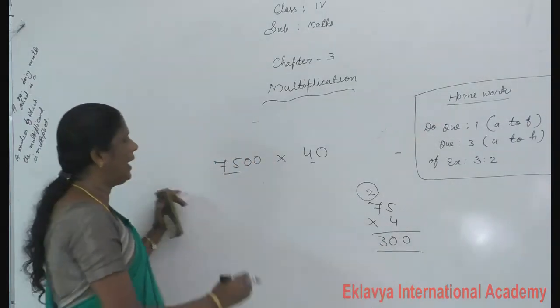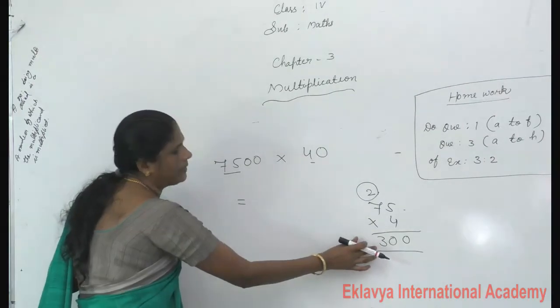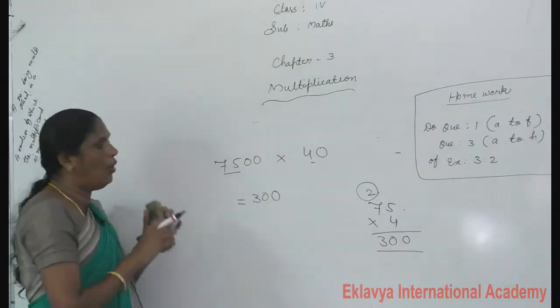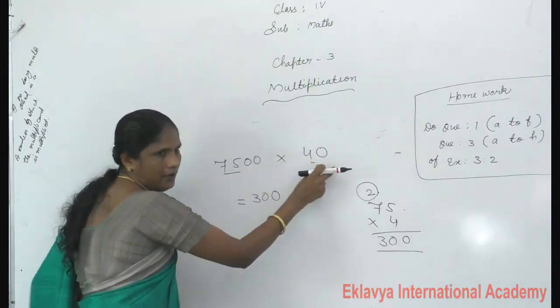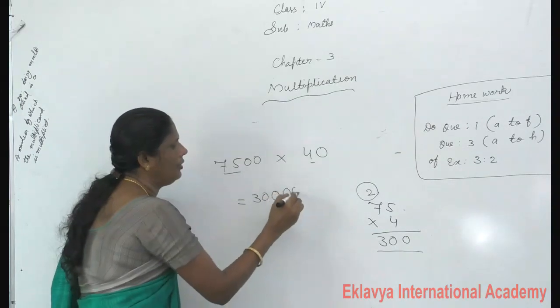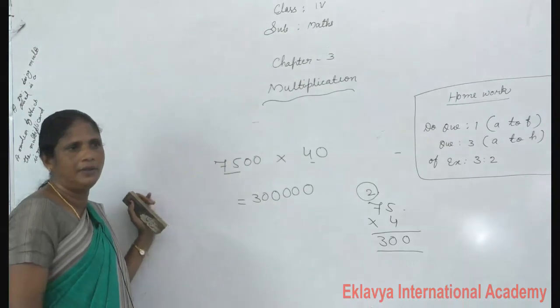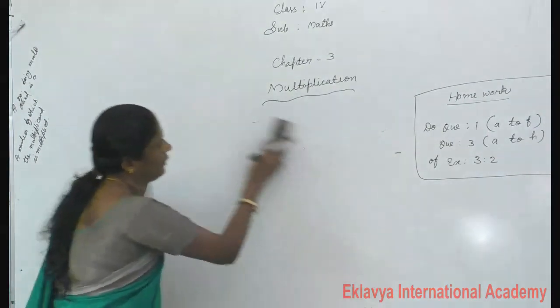Then you write 300. What is our answer here? 300. How many zeros are left here? Here 2, here 1. 0, 0. Understand? All students understand? Thank you for listening.